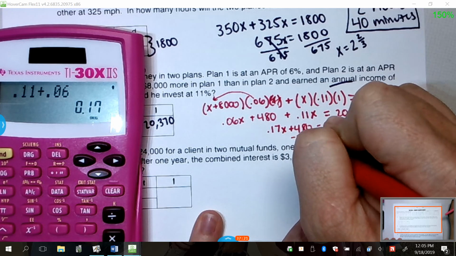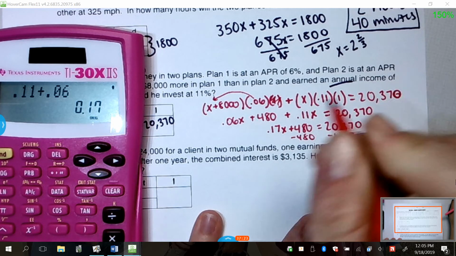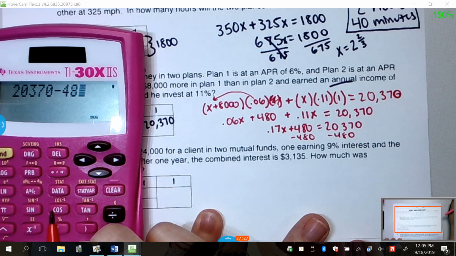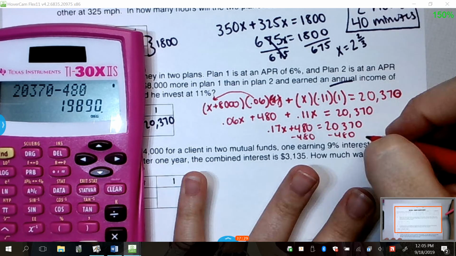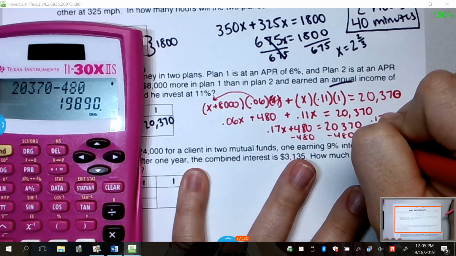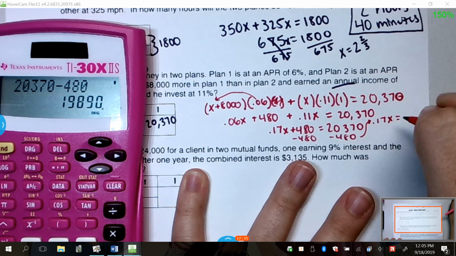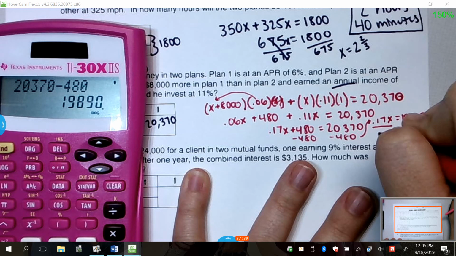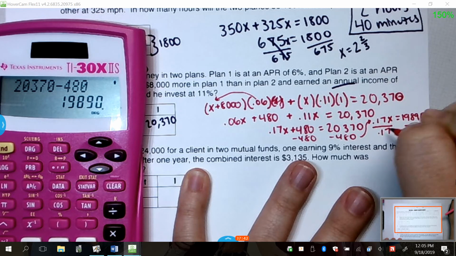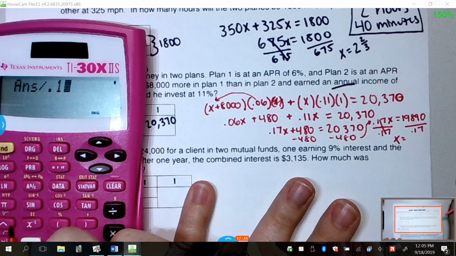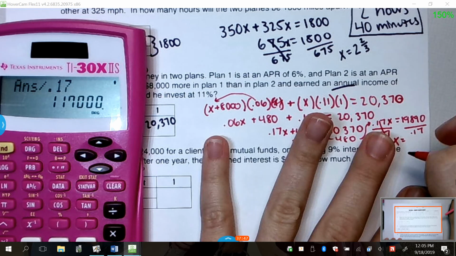Get rid of the 480. Divide. And I get this big old number.